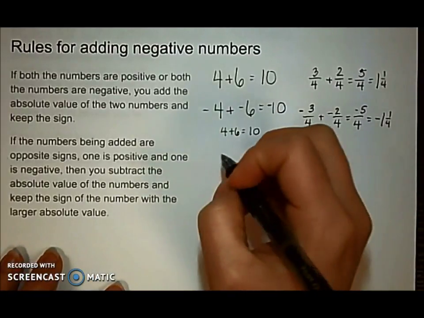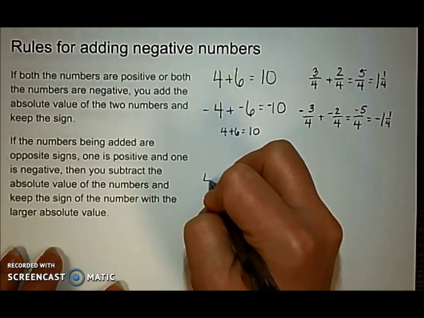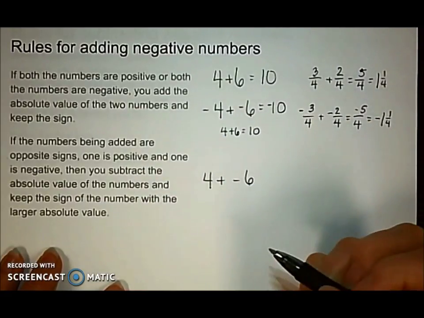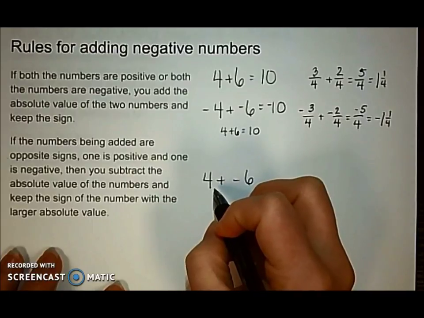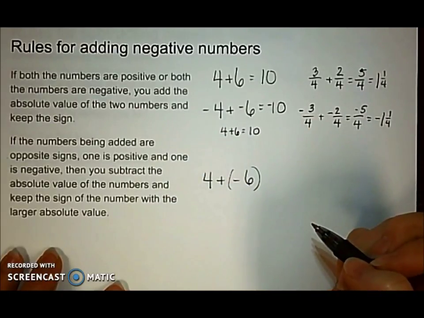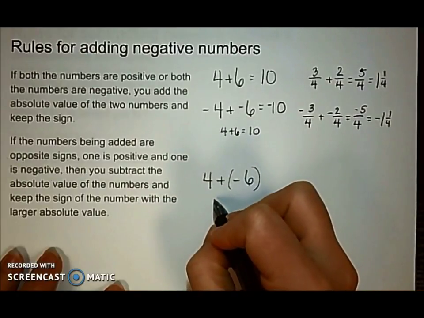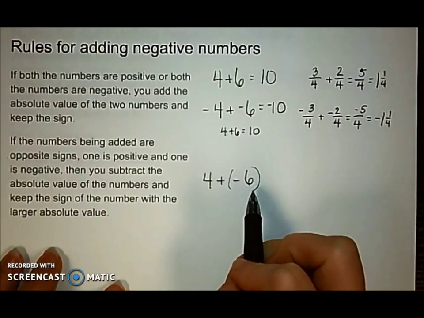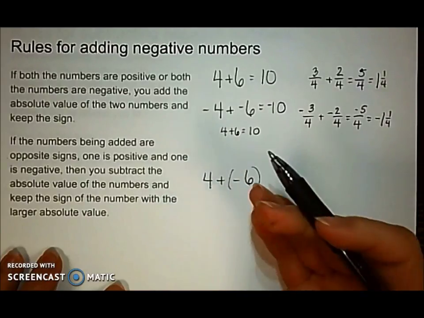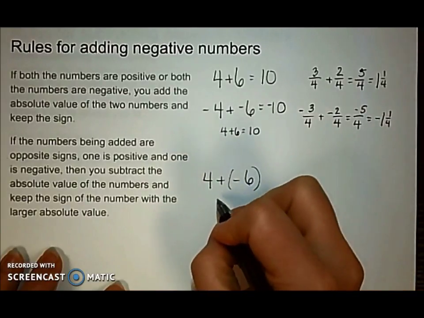If they don't have the same sign, say I had 4 plus -6, I have to look again at their absolute value, and the absolute value of 4 is 4, and the absolute value of -6 is 6. So I have 4 and 6. Since I have opposite signs, in other words, they do not have the same sign, I'm actually going to subtract those absolute values.